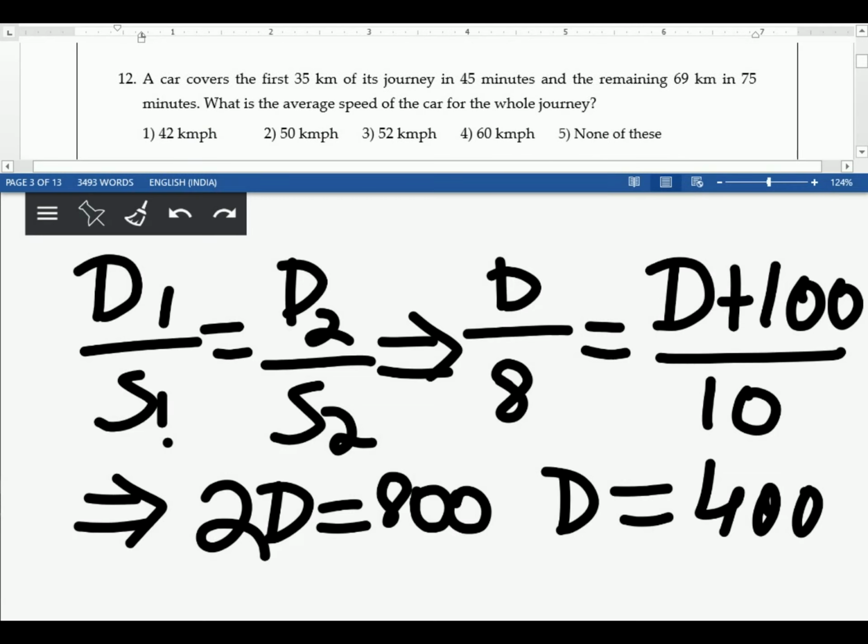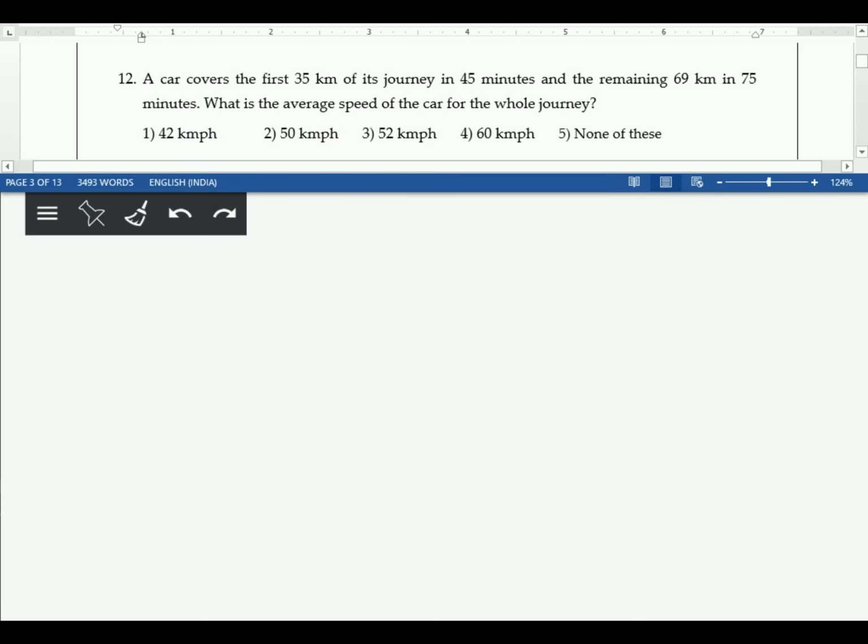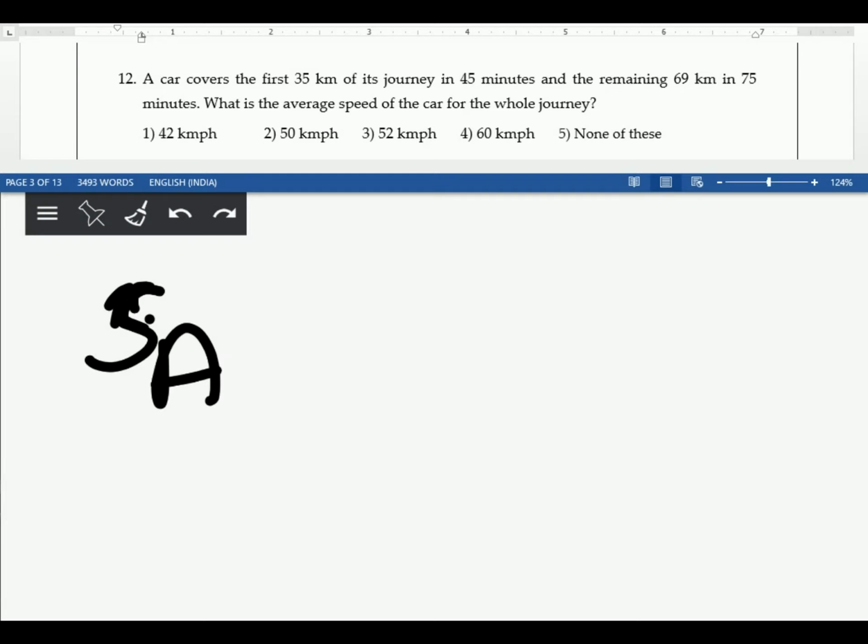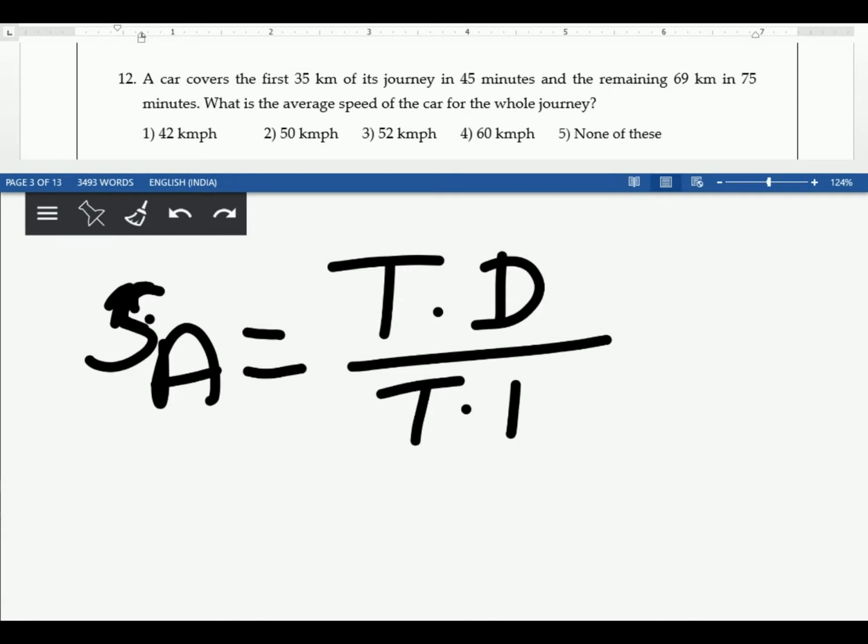12th question. A car covers the first 35 kilometers of its journey in 45 minutes and the remaining 69 kilometers in 75 minutes. What is the average speed of the car for the whole journey? Average speed is equal to total distance by total time.